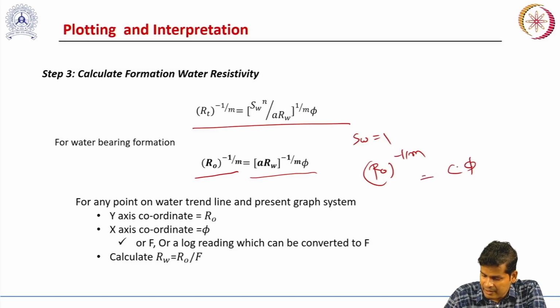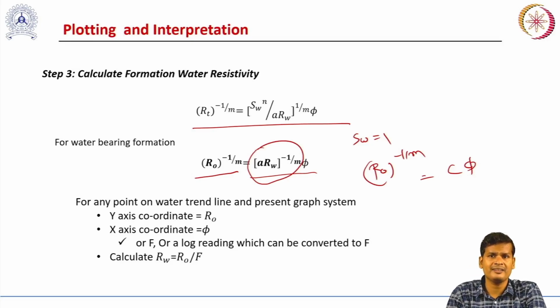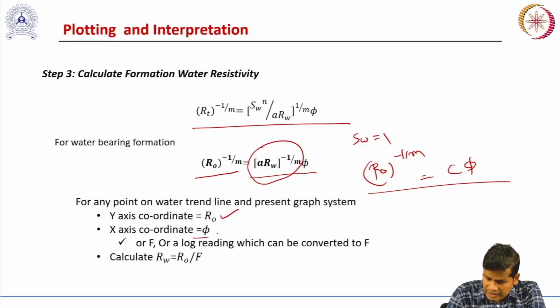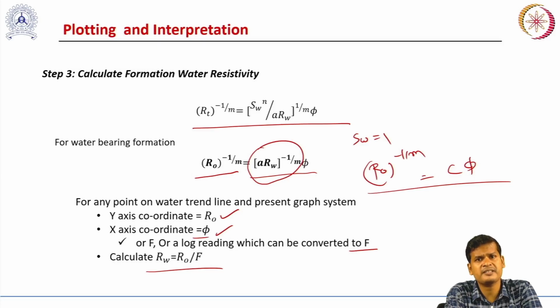and a constant C. The value of C is equal to a into Rw raised to power minus 1 by m, which will be constant for constant lithology and formation water salinity. So the y coordinate should be Ro on a water trend line and the x coordinate should be phi. Phi I can convert to F also, and then I can use this equation to calculate formation water resistivity.